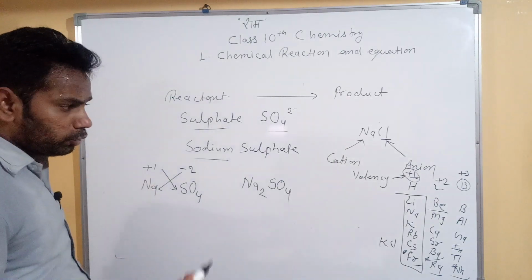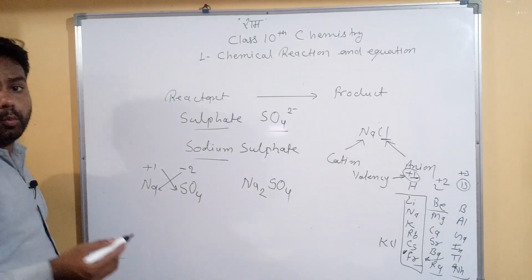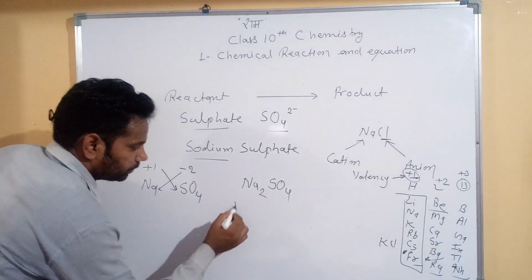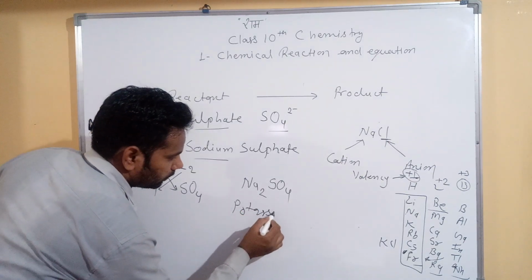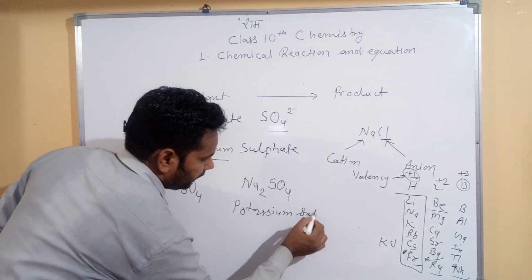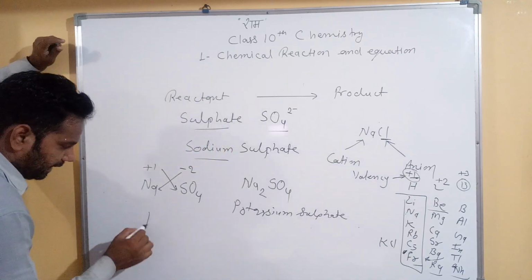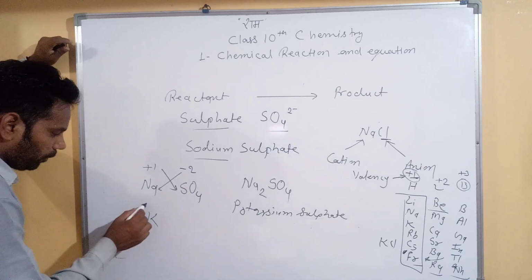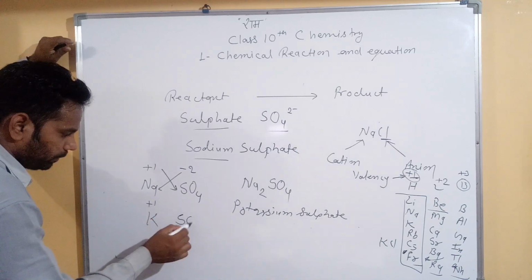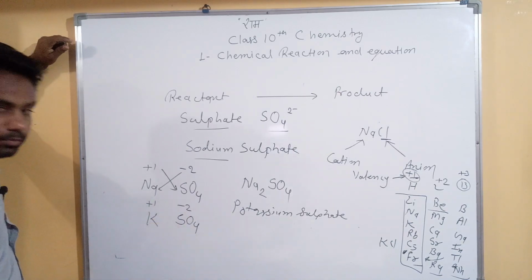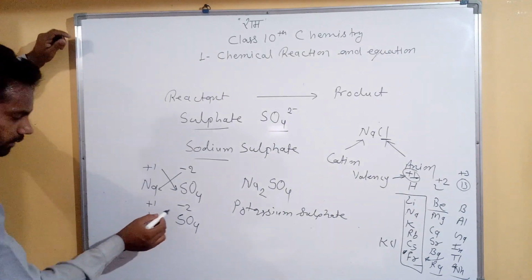One more, potassium sulfate. K, how much is the valency of potassium? +1. SO4, 2 negative. So cross multiply to each other.